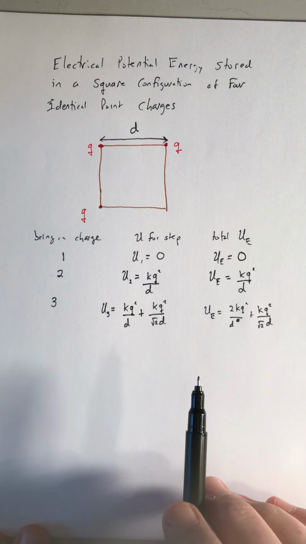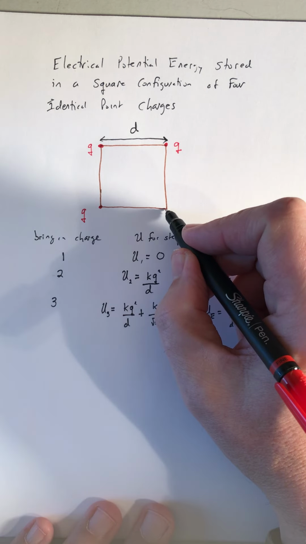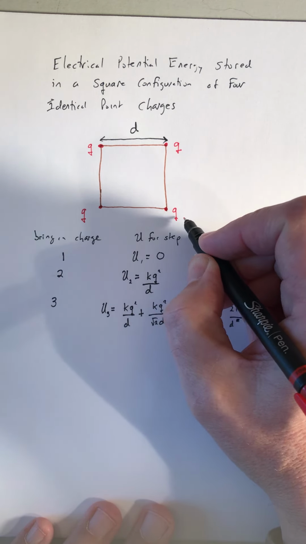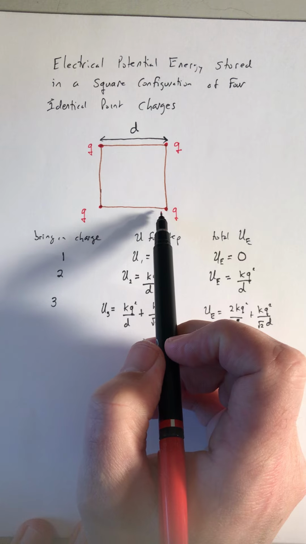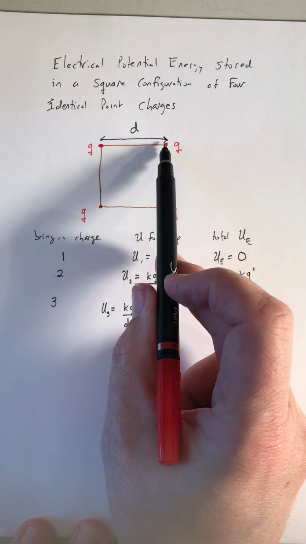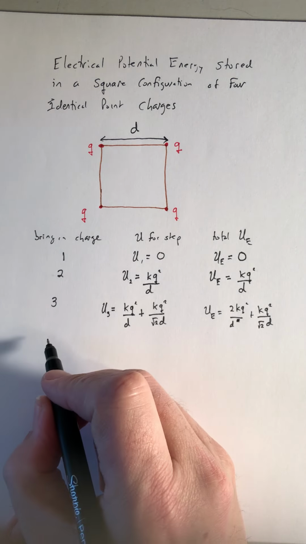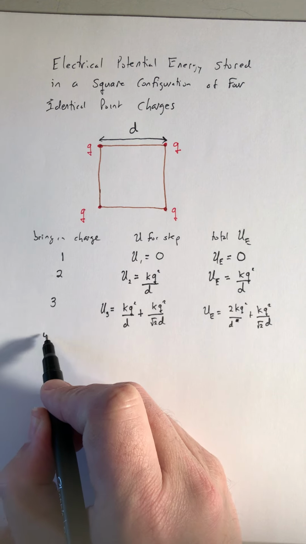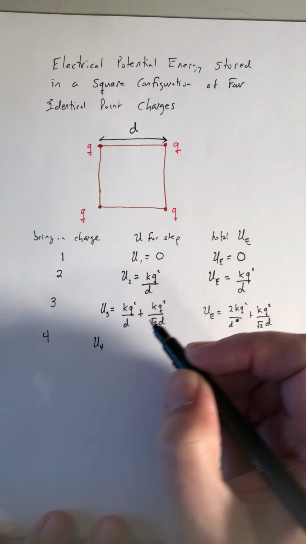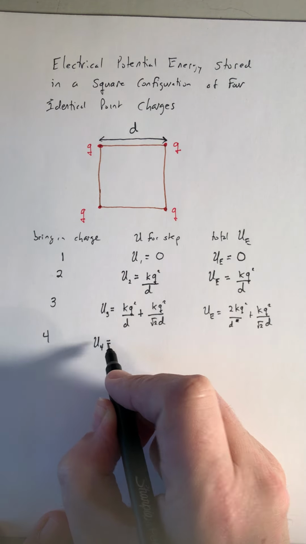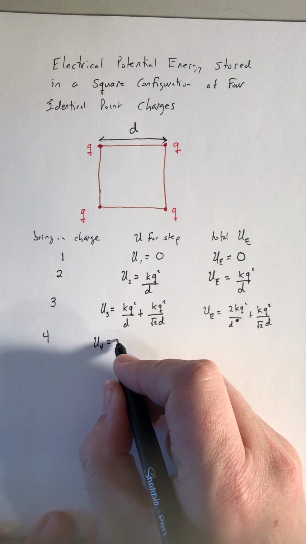All right, I'm going to bring in our last charge. The fourth charge coming into the last vertex of the square. This is going to interact with the first charge, the second charge, and the third charge. So we'll have 3 pairwise interactions. So for bringing in our fourth charge, U4. With charge 3 and charge 1, it would be the same term, so I'll just double it.